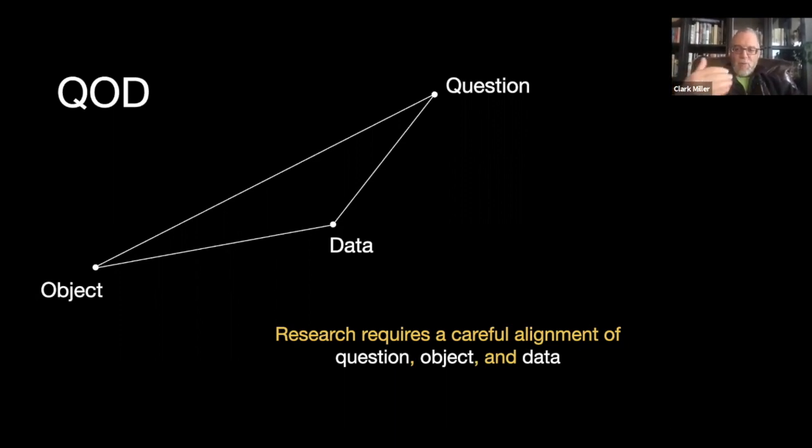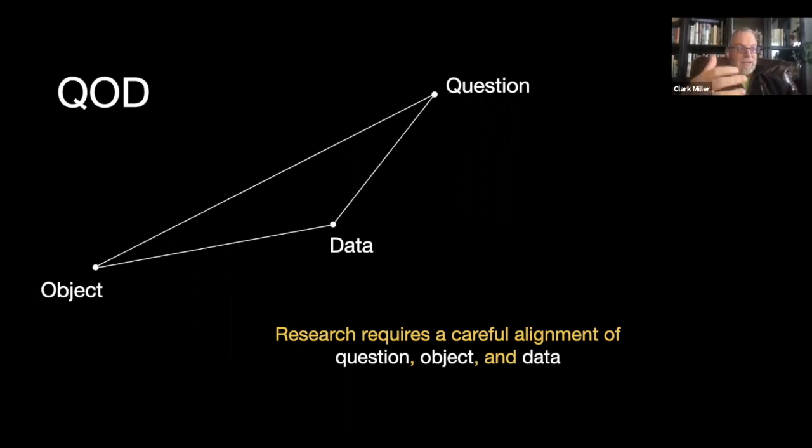You have to align what you're trying to figure out, that question, whether it's a research question or just a question that you're trying to figure out the answer to, with the object of study, right? So you got to be asking a question about something, right? It's not an abstract question, it's a question about something. So what is that object of study?